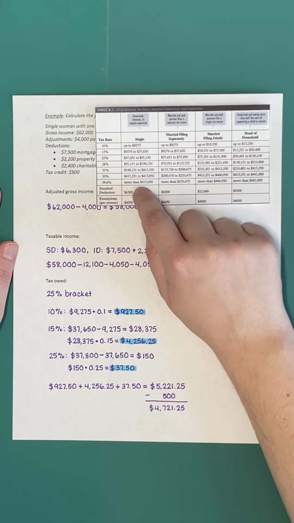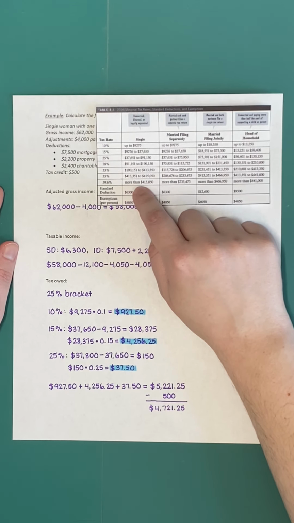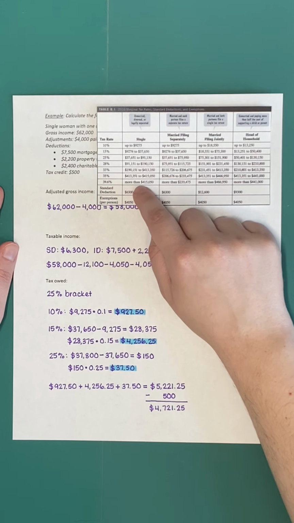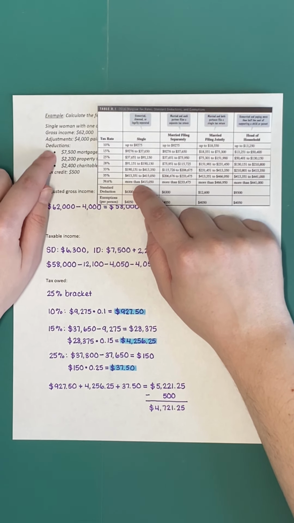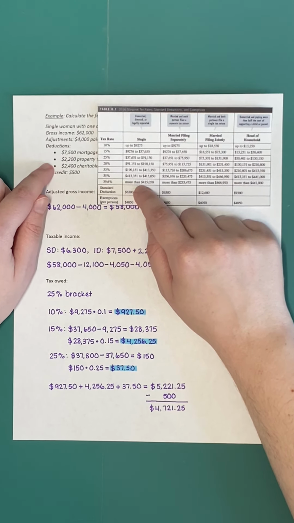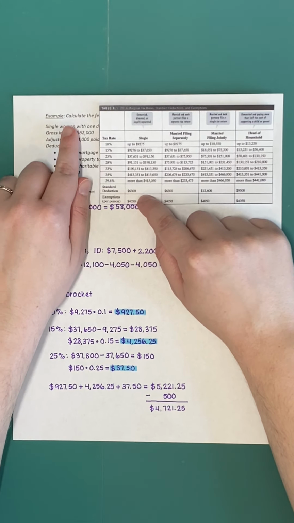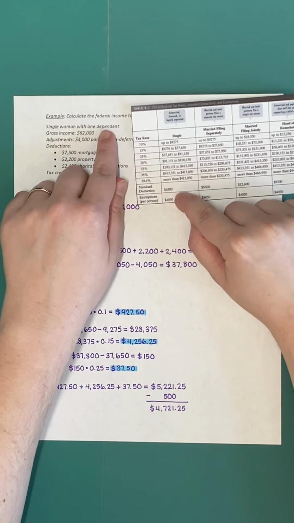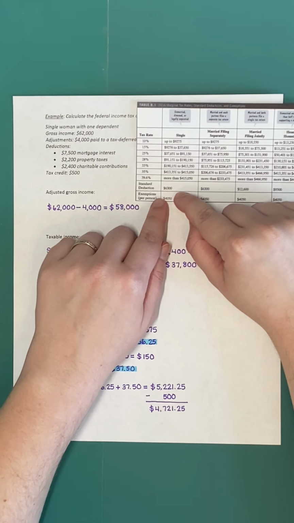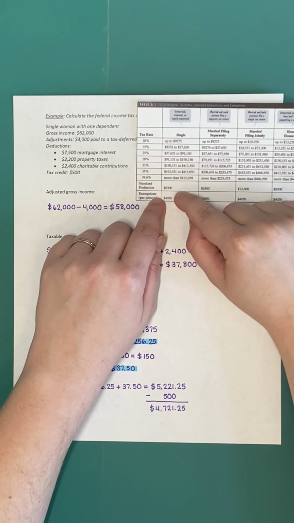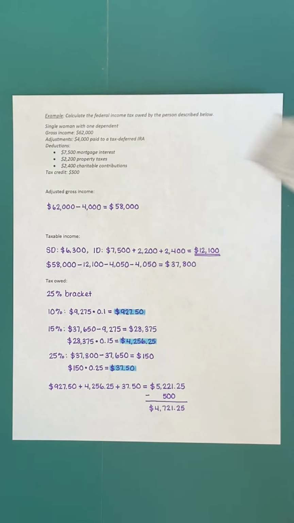The possible deduction she could take would either be $6,300 or the sum of her itemized deductions. And then for the exemption amount, she gets one exemption for herself and then one additional exemption for her one dependent. So that $4,050 is going to be subtracted 2 times.